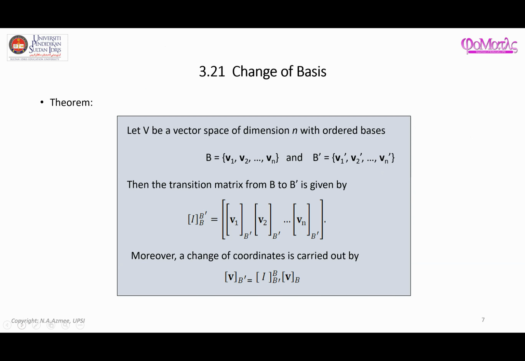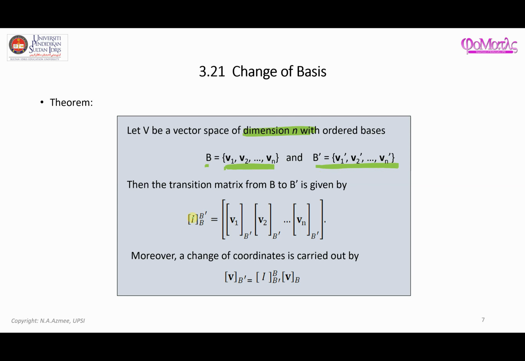Of course, what we have discussed is a simple problem where you have dimension 2. Now, here is a theorem that extends this idea to dimension n, more than 2 vectors in the basis. You can see here we have a lot of vectors in this basis up to n, and here is also a lot of vectors up to n again.